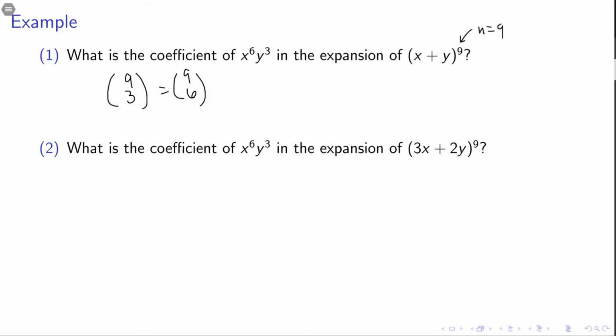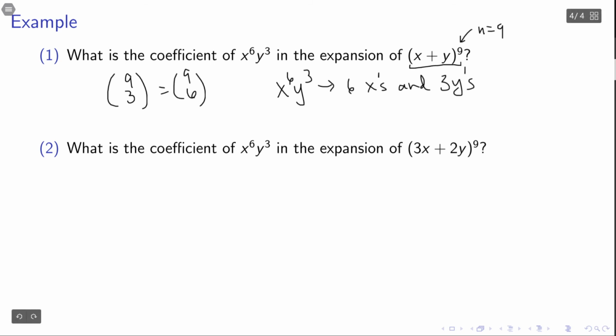Simply because x to the 6th times y cubed corresponds to forming strings of 6 x's and 3 y's. Right? So how many ways are there to pick 6 of these terms in the product to form your x's? Exactly 9 choose 6. Right? So this is exactly by the binomial theorem.